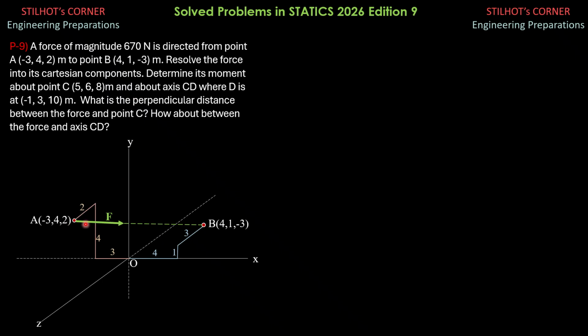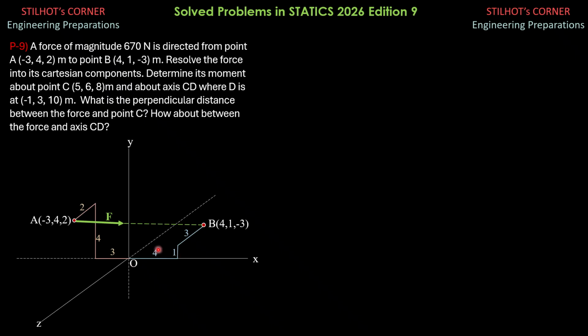Therefore, from A to B, we have to move backward 2, downward 4, rightward 3, rightward again 4. So the net rightward movement is 7, and rightward movement is positive. So 7i, then we go up 1. Earlier, we go down 4, then go up 1.